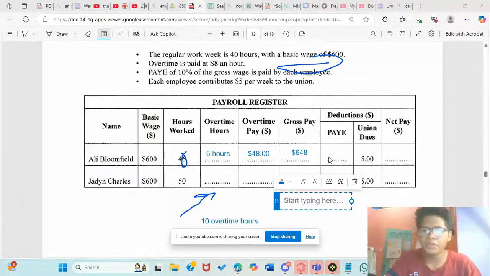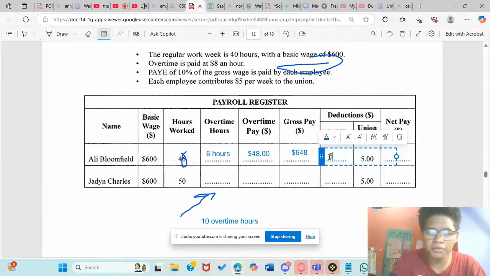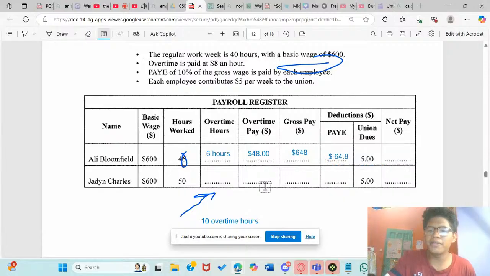All right, good. We have the PAYE, which is $64.8. So for the net pay, you have to subtract the 64.8 from the 648, and we will have our net pay.